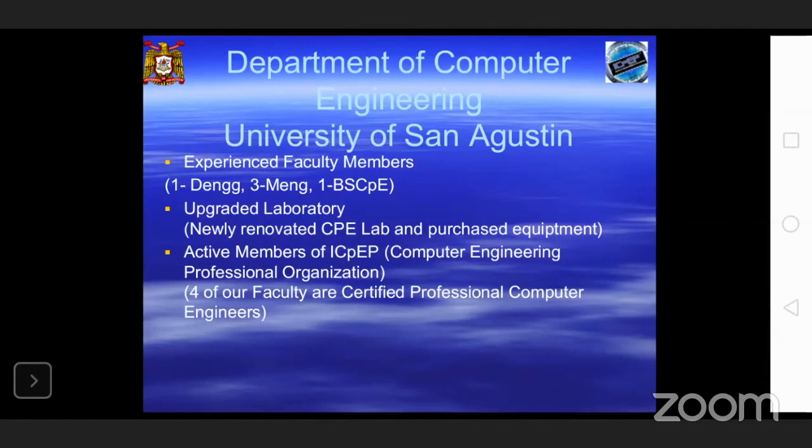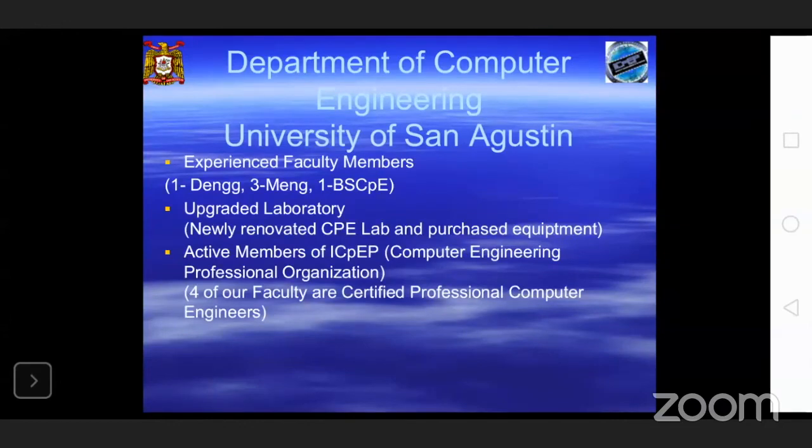We have also upgraded our laboratory. We have a newly renovated computer engineering lab and purchased new equipment that would meet the industry demand or requirement.